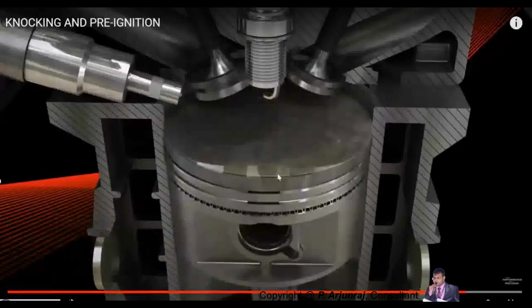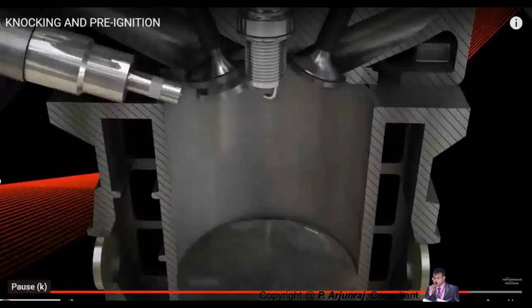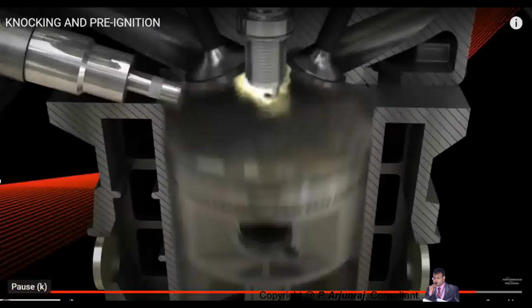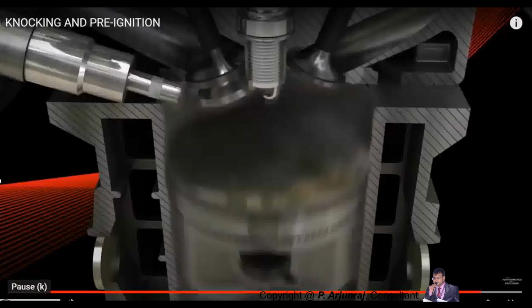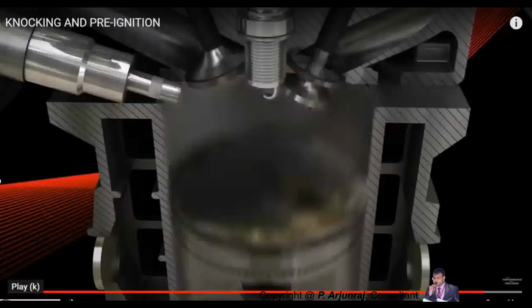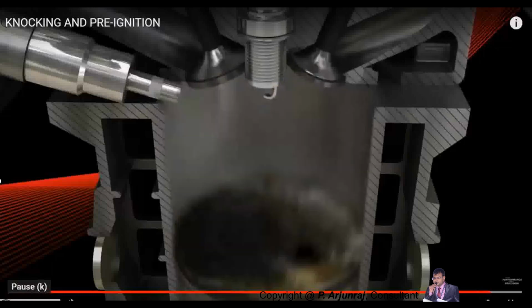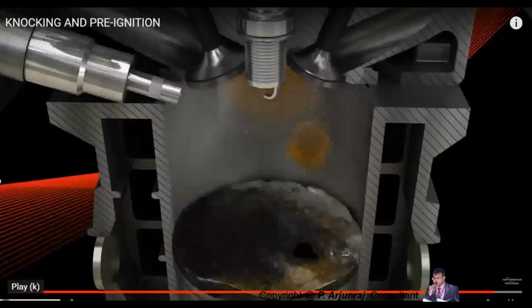You can see there is some discoloration. Okay, discoloration is happening. You see how it looks.